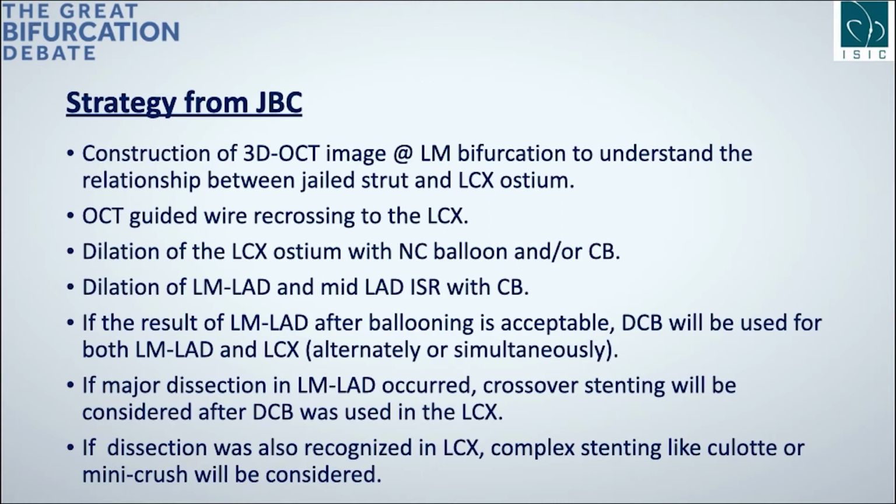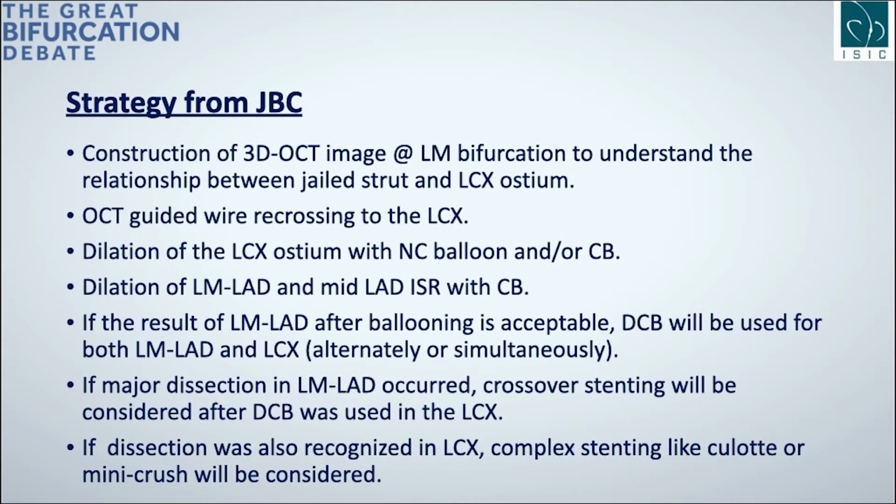First, we will make a 3D OCT reconstruction image around the left main bifurcation to figure out the relationship between the jailed strut and the circumflex ostium. And then we try to recross the wire into the circumflex at the optimal point.